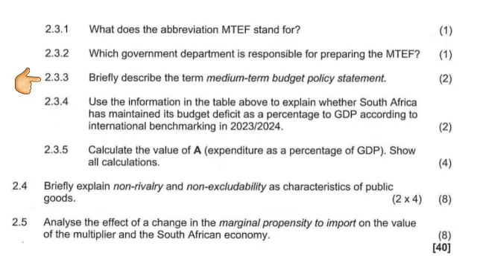In 2.3.3, it says briefly describe the term medium term budget policy statement. So it's a type of statement, it's for the medium term, and it is about our budget. If you can explain budget, then you are good. Your only worry there is to know how long a medium term is.